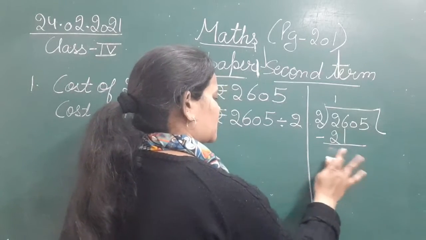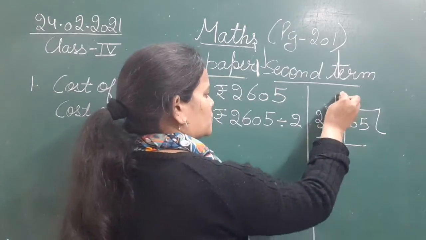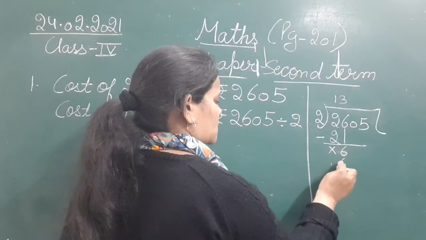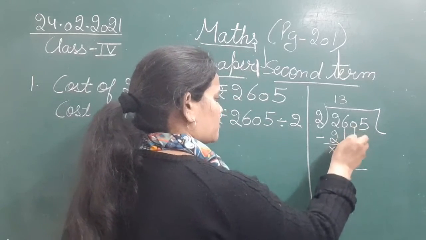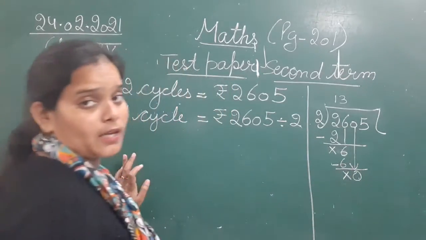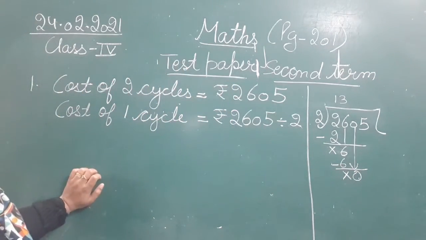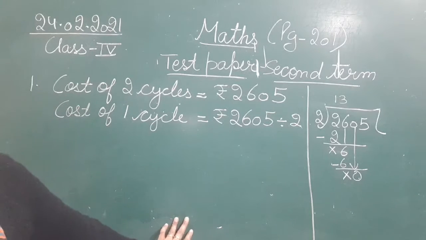Or nothing, you can write. Let's bring down the next digit, that is 6. 2 threes are 6. 6 minus 6, nothing will be left. Bring down the 0. So can you divide 0 by 2? Can we divide 0 by 2? No. We can't divide 0 by 2.